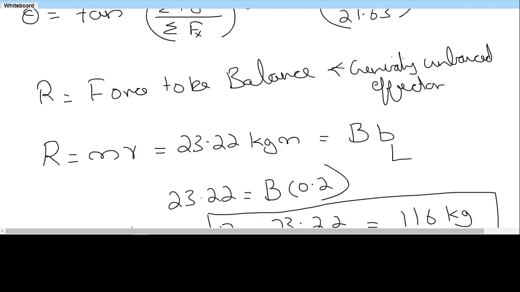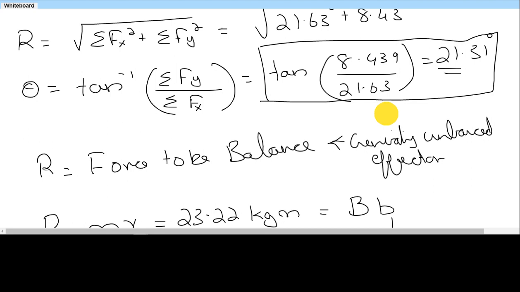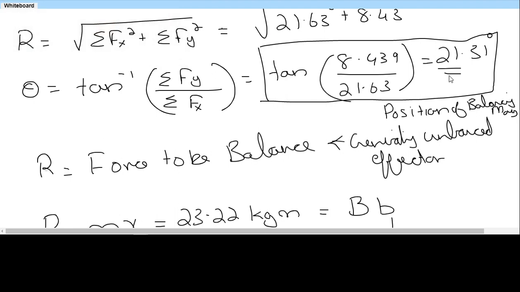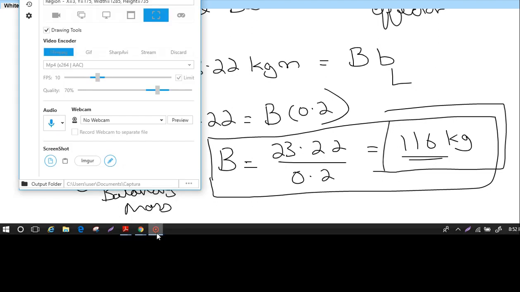And this is your position of balancing mass. This should be your theta and that should be your kilogram. So this is how you do it analytically. We will continue with the graphical method in the next video. Thanks.